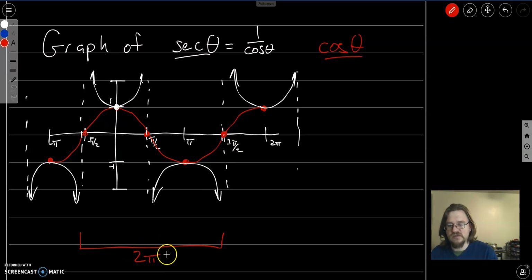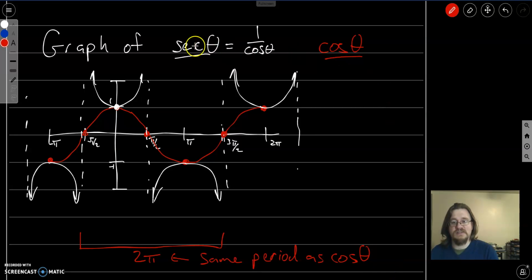Well, this is 2 pi across. This is the same period as the cosine. Since this is essentially the same function as the cosine, it's just flipped over, the period is exactly the same.